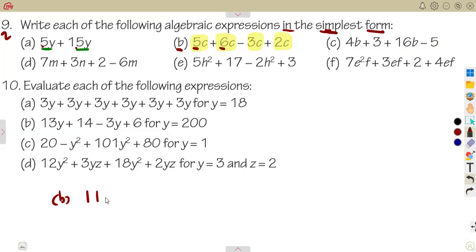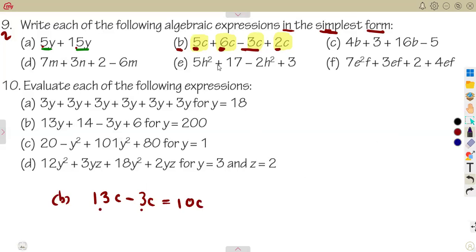That is going to give us 11C. Then we're also going to add this 2. All right, so let's just do it like this. If you want to add first, it's going to be 5 plus 6, which is 11. Then 11 plus 2, which is 13C, minus this 3C. So that is going to be 10C. 13 minus 3, which is 10.